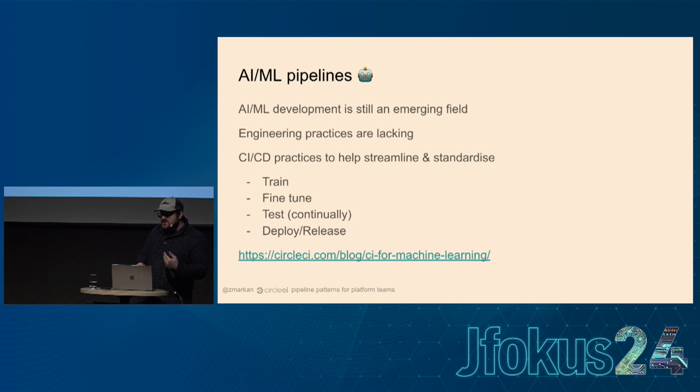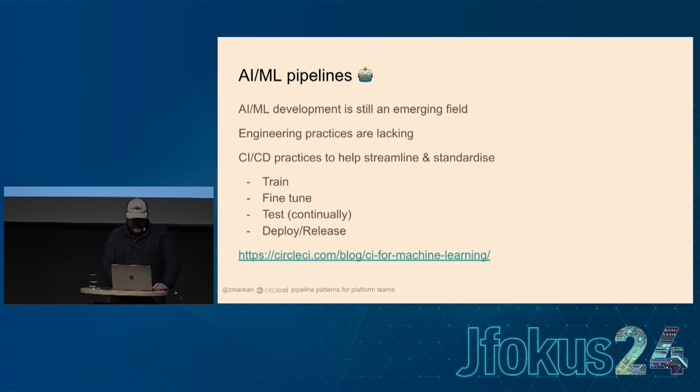You can continually test for behavior. You can test for hallucinations. You can test for correctness, for anything you want to avoid it producing, and ultimately you can deploy new versions of this software with ease.